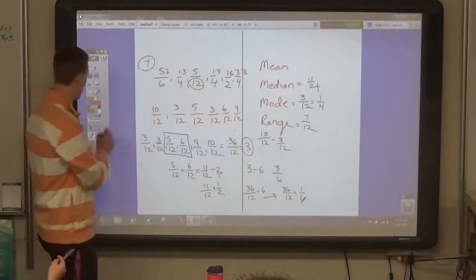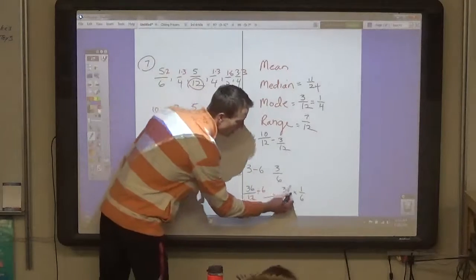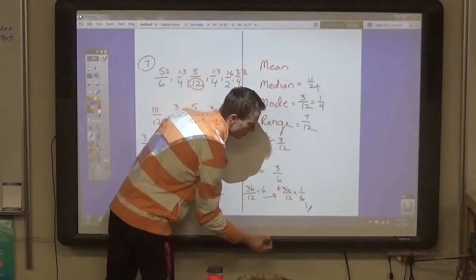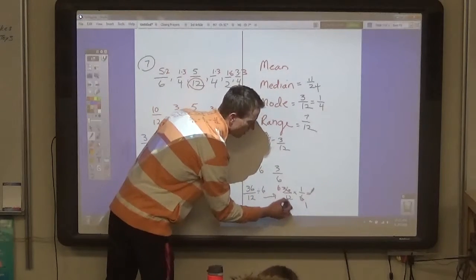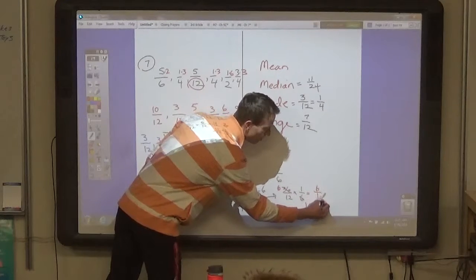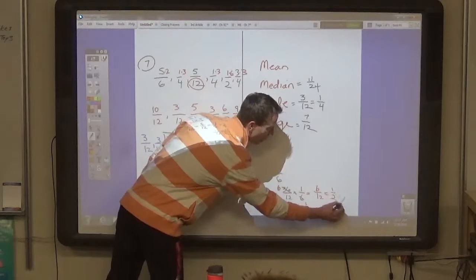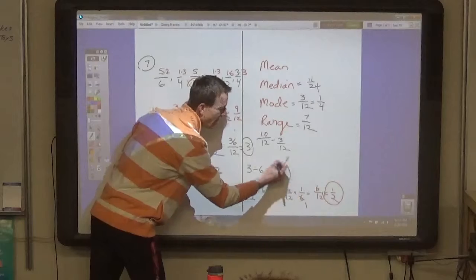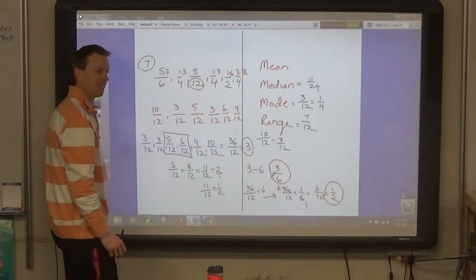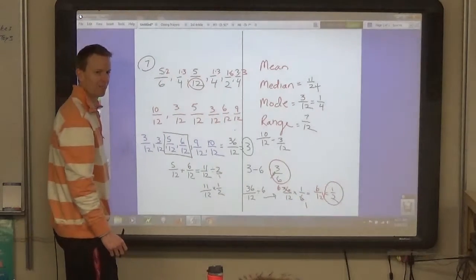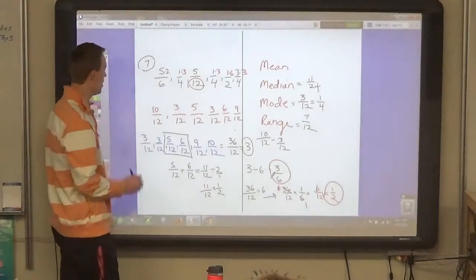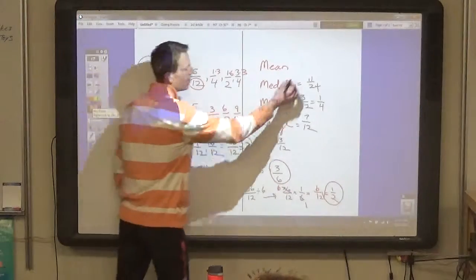Reduce 36 and 6 to 6 and 1, which is 1/2. 6 twelfths, 1/2. It's the same, isn't it? Yeah. So what's the mean? 1/2.